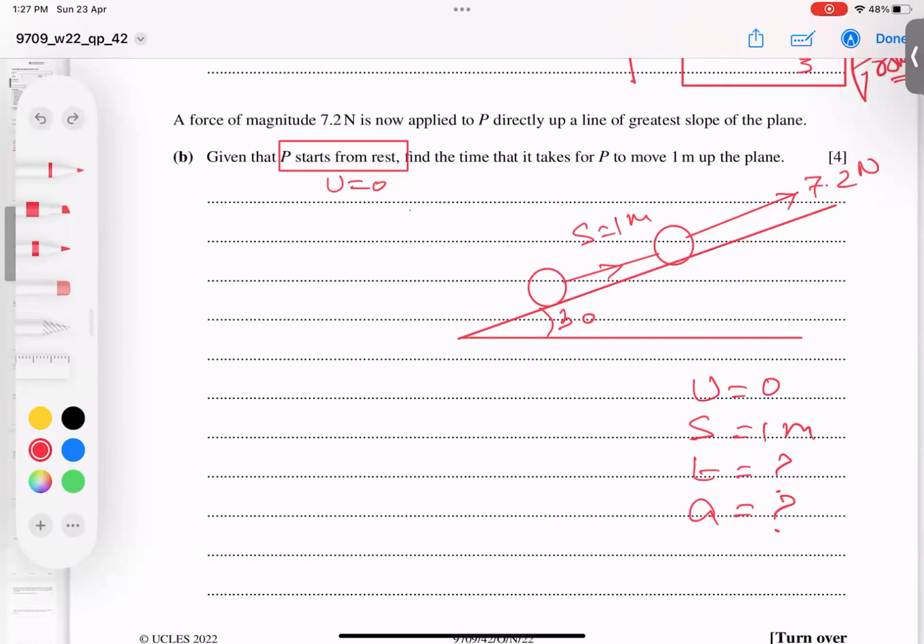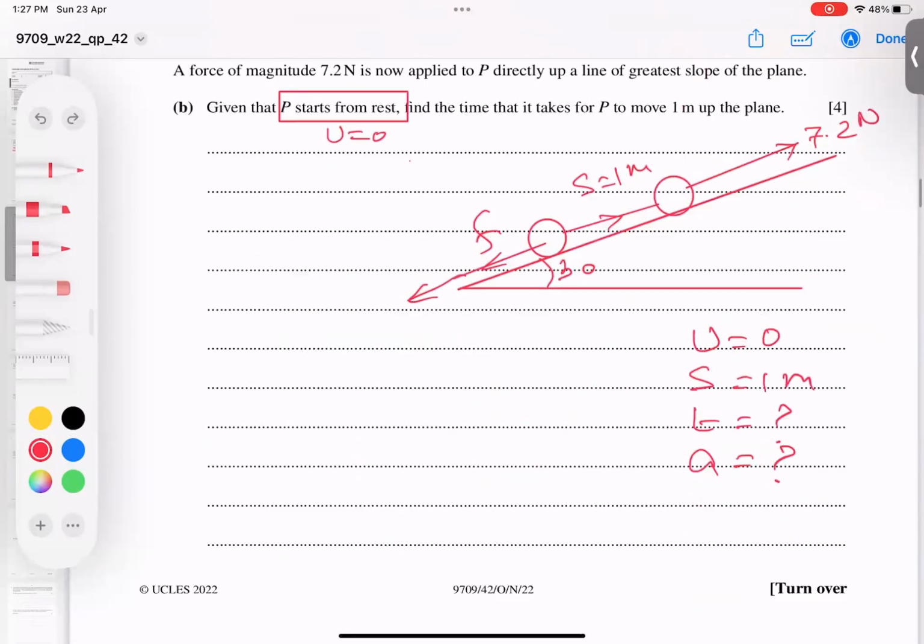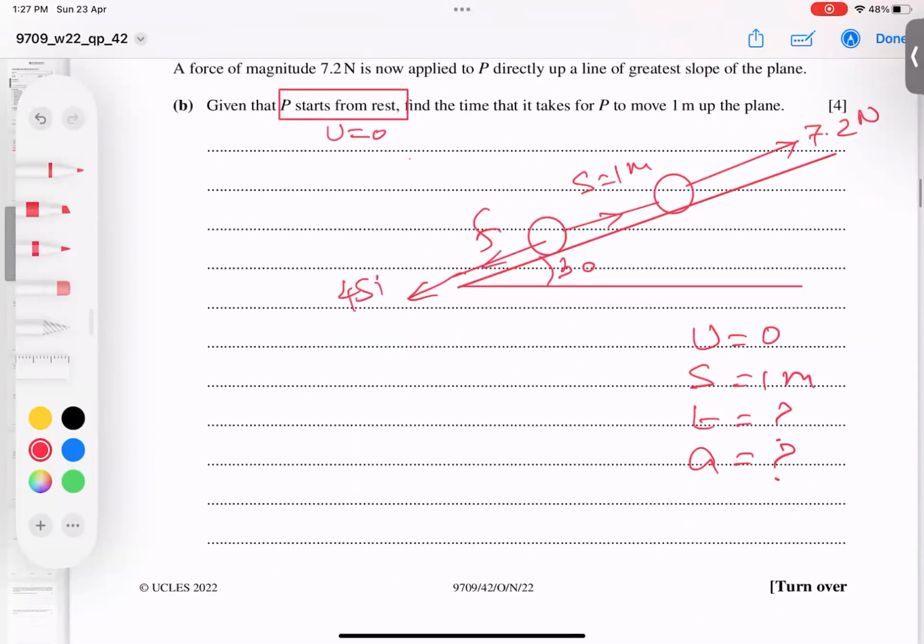So how to find acceleration? Naturally, friction is acting downwards, and the weight component. What is the mass? Mass is given here, 0.4 into 10, 4 newtons, so 4 sine 30. I can see here net force equals to MA, because moving upwards, so this minus this minus this.